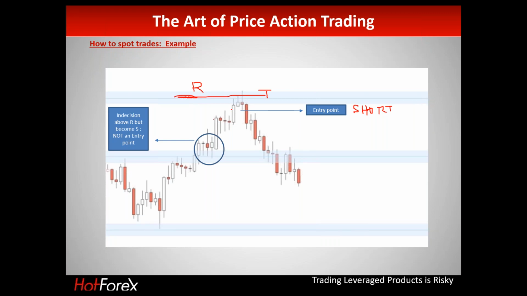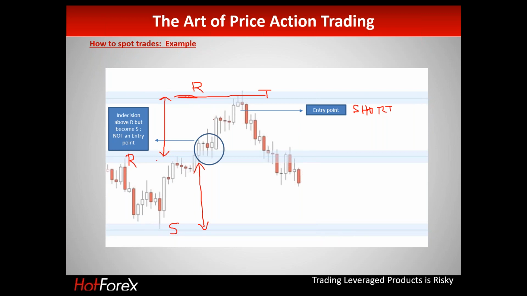You just need to identify your very next rejection of resistance level. Over here we have resistance and support, and we have measured this distance. Once it broke, you can set your next resistance level at the same length above that breakout.